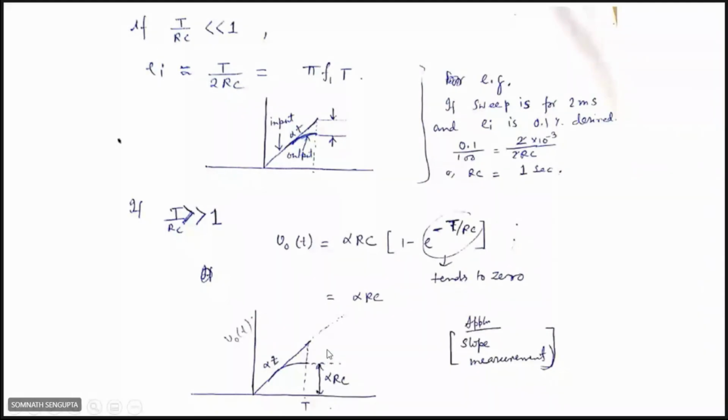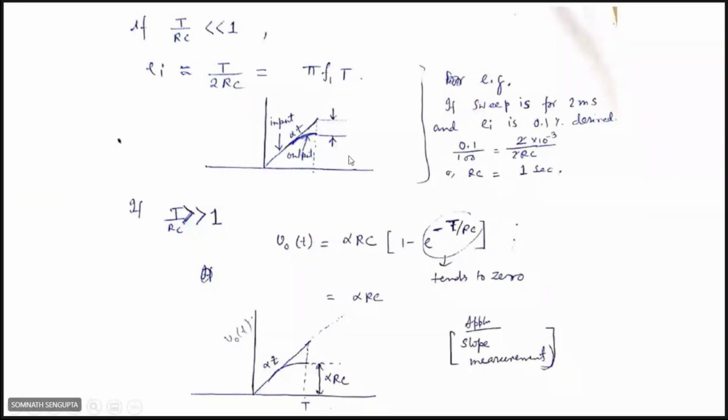If you differentiate a straight line, alpha t, it will become constant. That is why it deviates after some time.